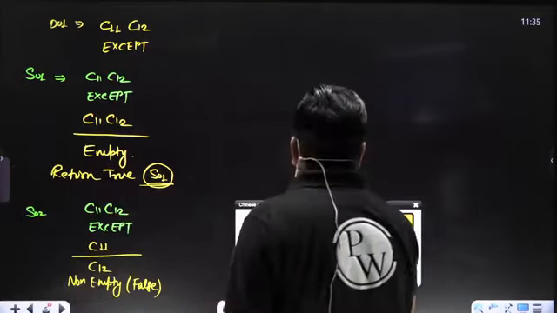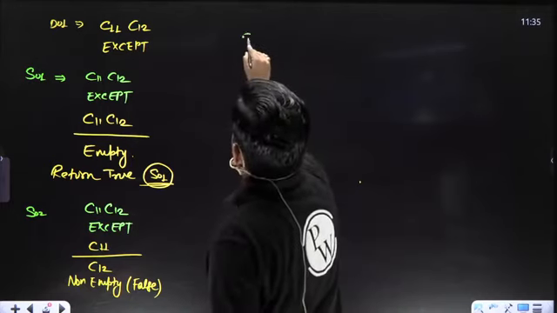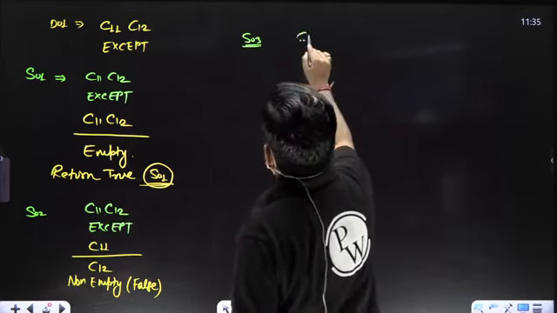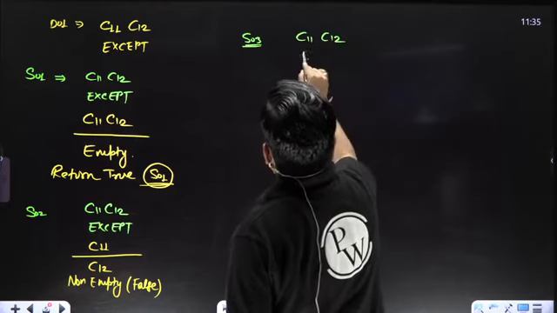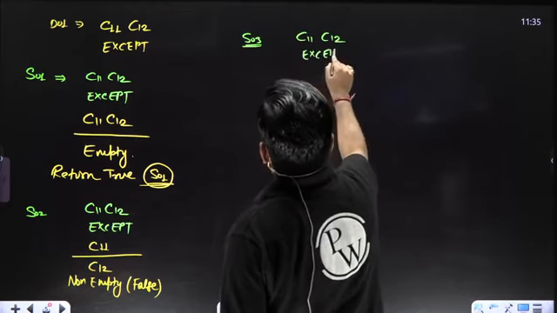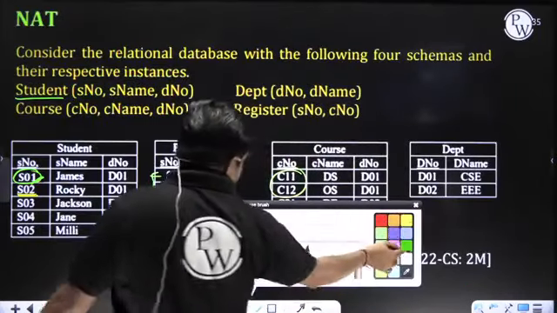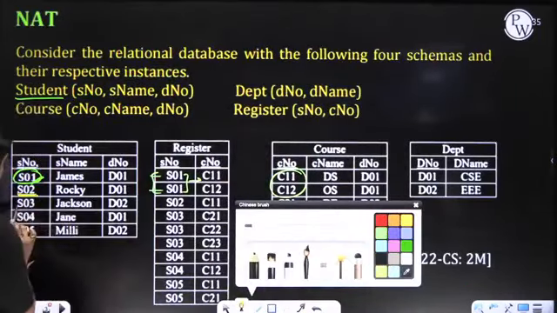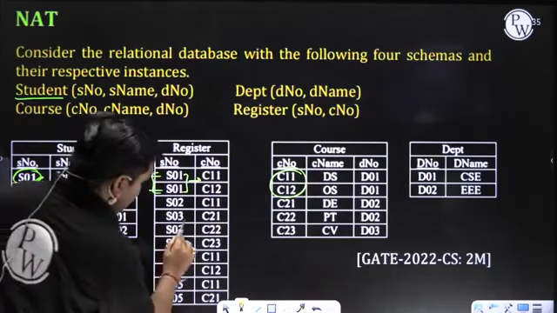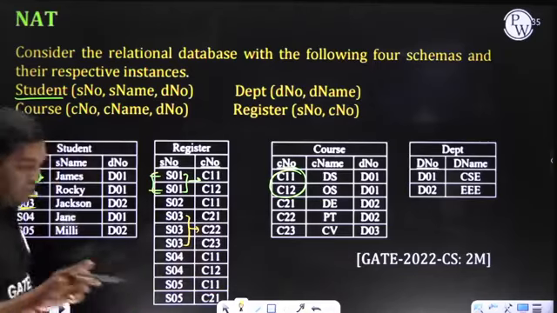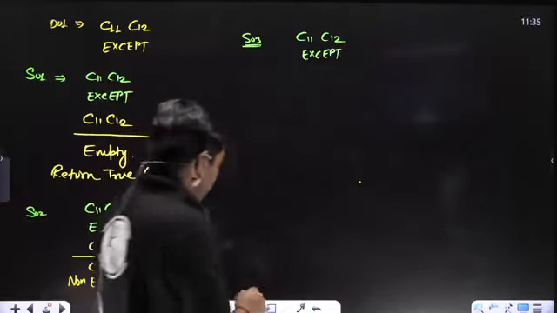Now we will check for student number S03. We have C11, C12 except, and where S03 is matching, C21, C22, C23.